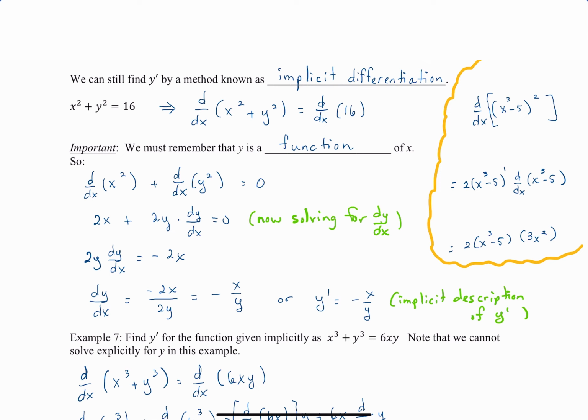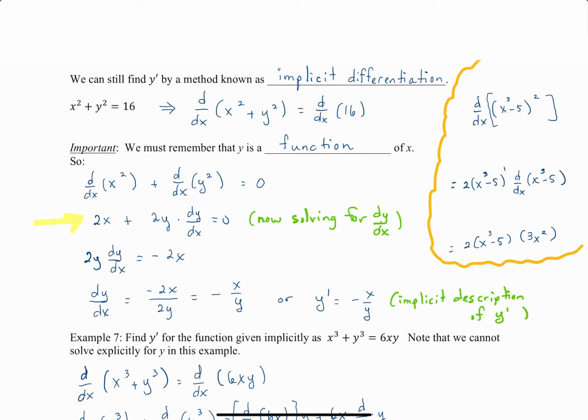Going on, I'll use my sum and difference rule to say, okay, on the left I have d dx of x squared plus d dx of y squared. On the right-hand side, derivative of a constant is just 0. Going back to the left-hand side, d dx of x squared, we can just use the power rule and get 2x.